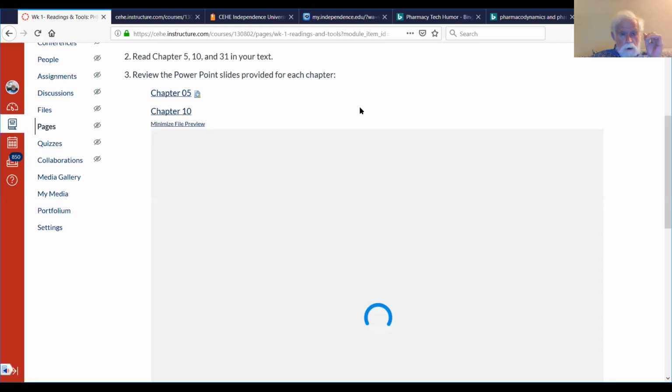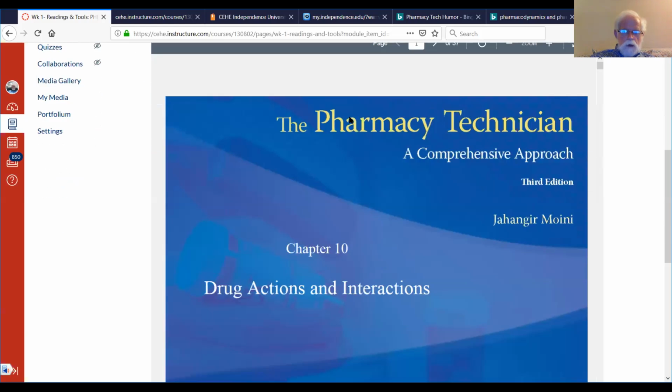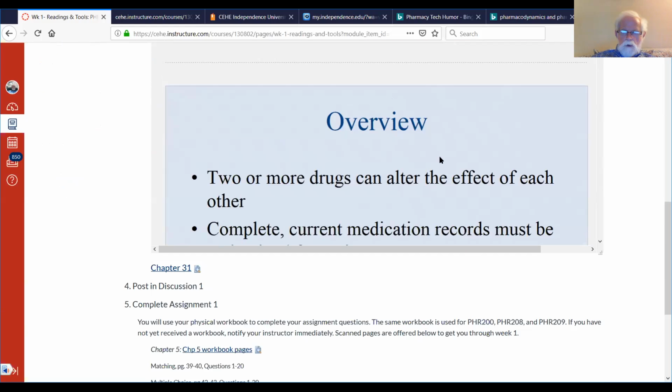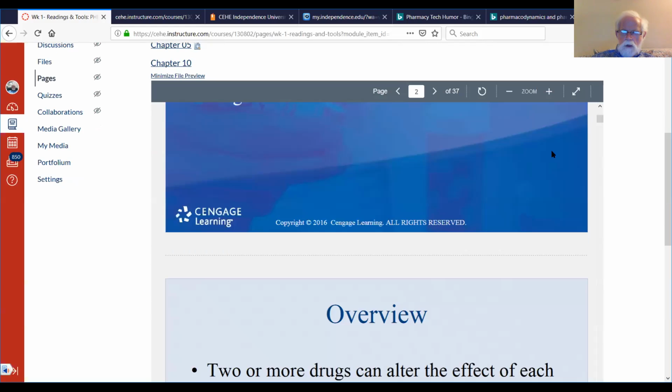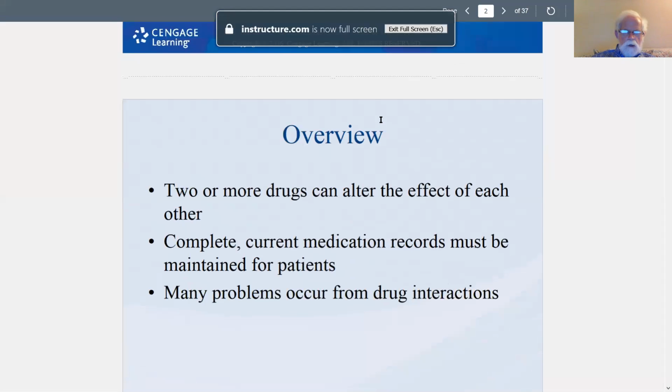They can combine to make very great problems for patients, or they can combine to provide greater value to the patient. It all depends on the drug. So we're looking at drug actions and interactions. So what I want to do first is make this full screen.